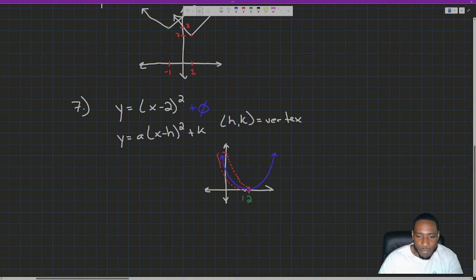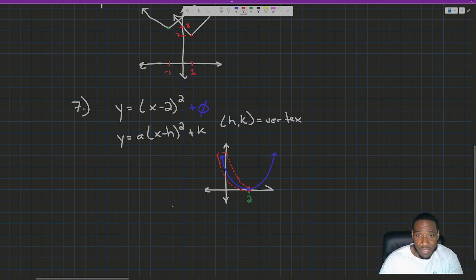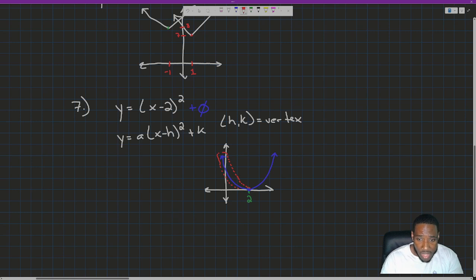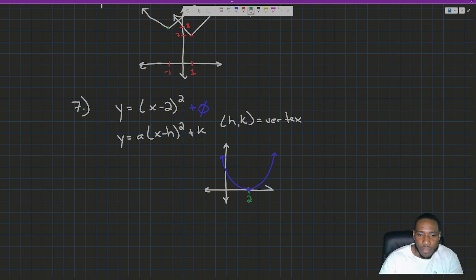So we get that downward movement along this portion of the graph before it rebounds off of the x-axis and then pops back up, right? And so how would we describe that? What we would say is it starts decreasing from this little point right here, which we call the left end of the graph, right?